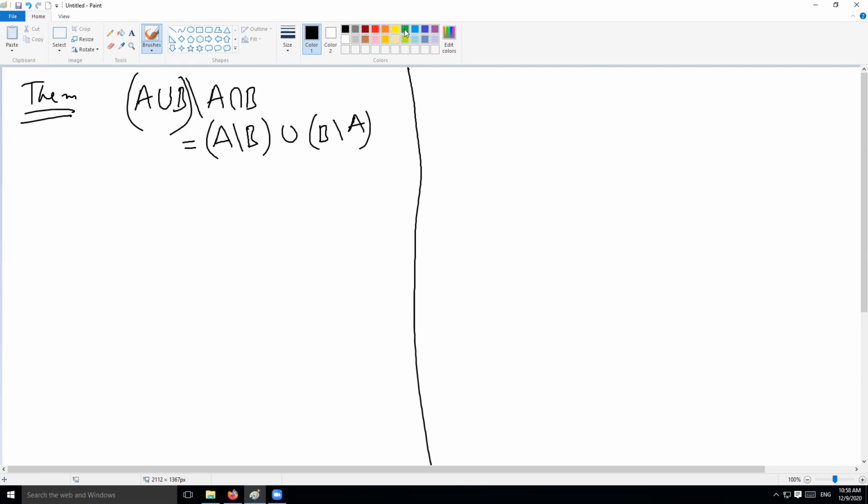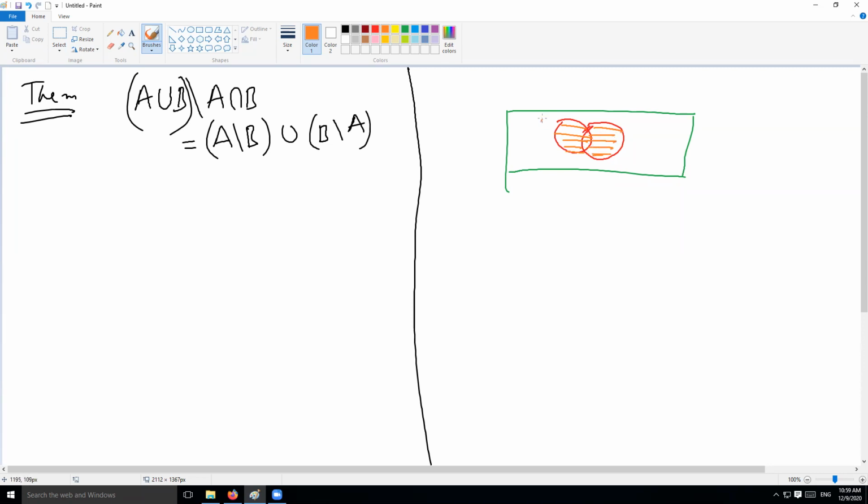Okay. First, you can see it pictorially. Imagine this is my A, and this is my B. So what would be the union? The union is going to be this guy. So combine both sets. All this stuff is going to be the union.